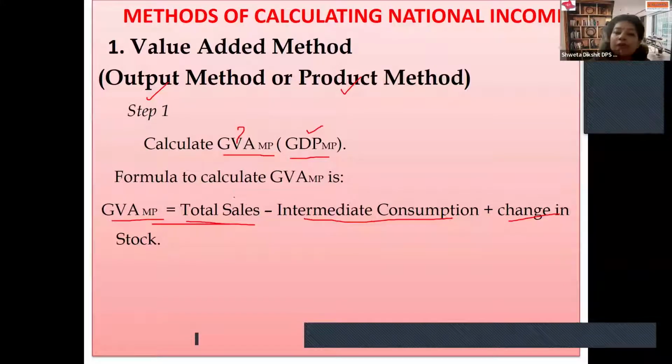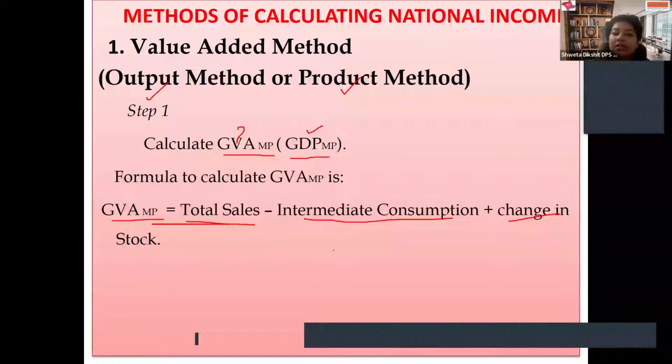So all the value of sales will be included here in total sales. Now, the sale value alone is not enough, we need the net value. So for finding the net value, we need to subtract whatever intermediate consumption we have done.